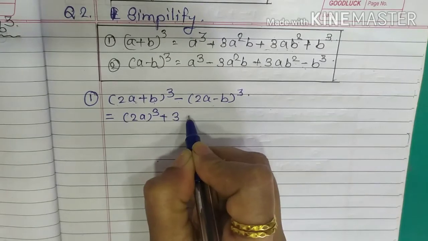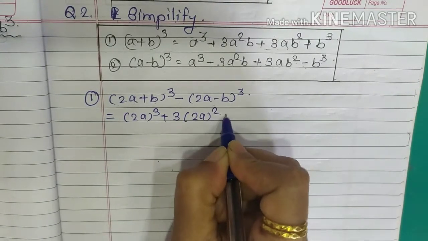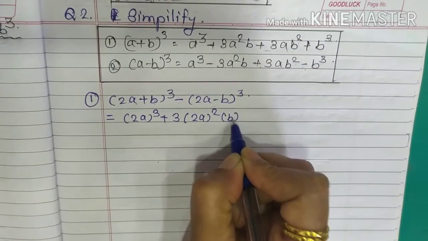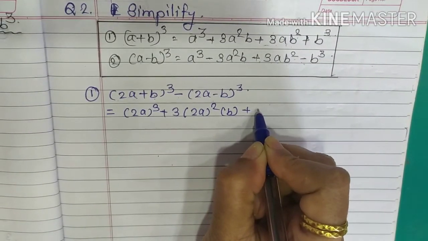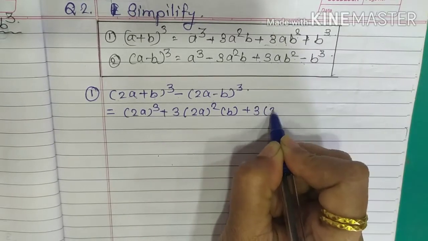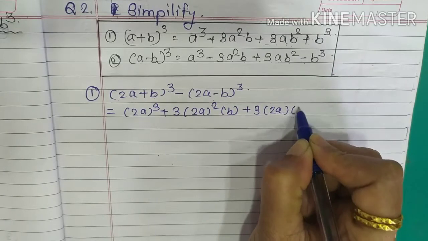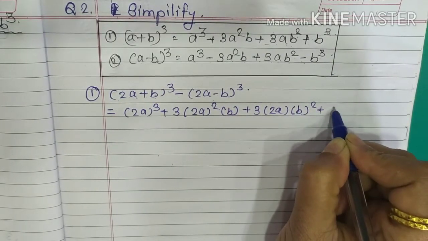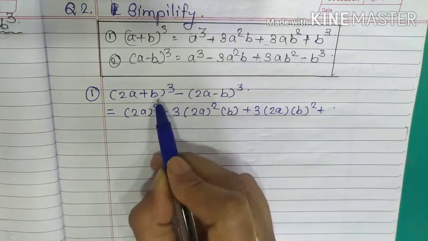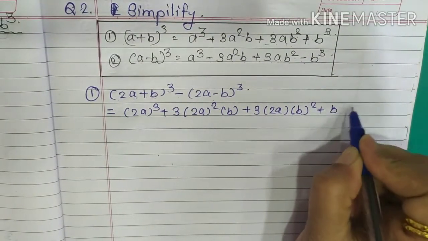plus 3 into (2a) square into b, plus 3 into 2a into b square, plus last, that is the second term, b cube.